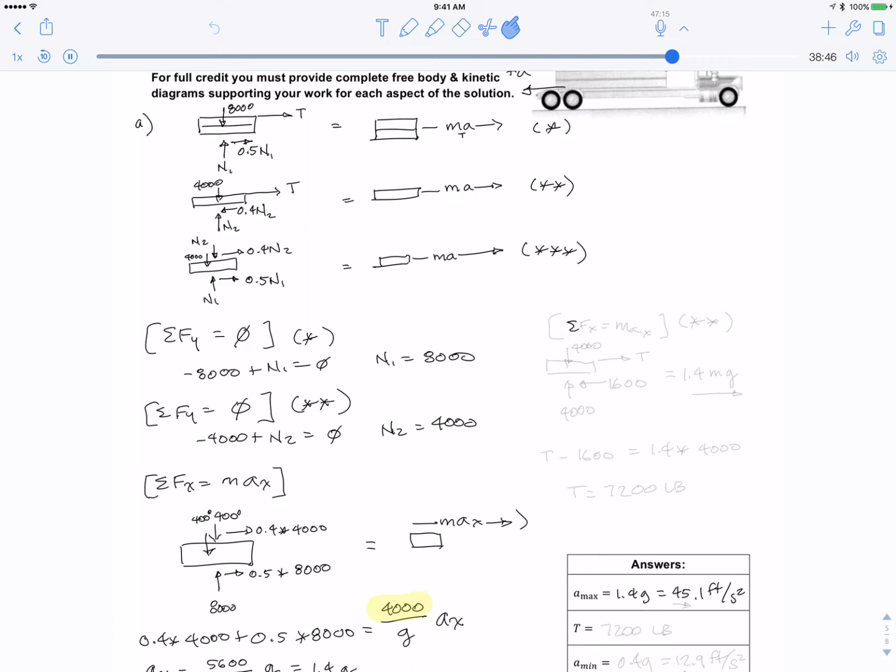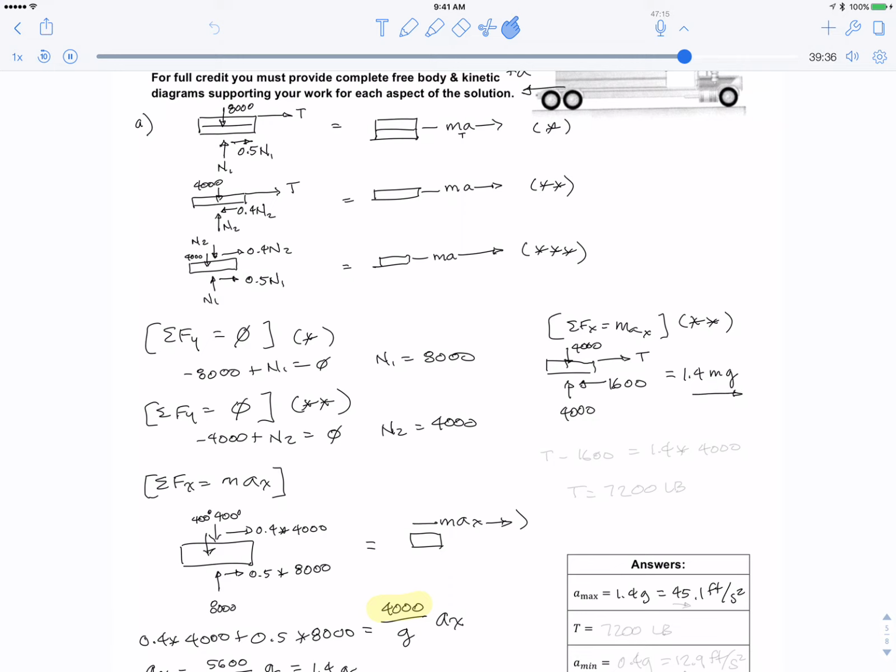So from sum Fx equals max for free body diagram 2, we get T minus 1,600 equals 1.4 G times M. So 1.4 mg, so 1.4 times the weight, going that way.